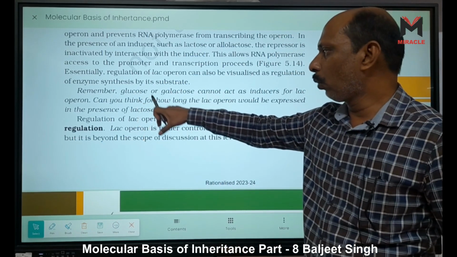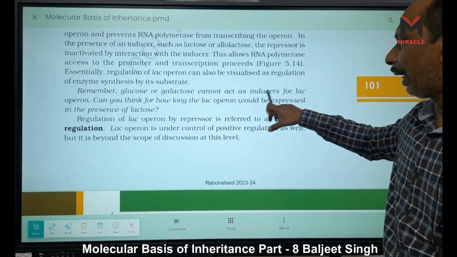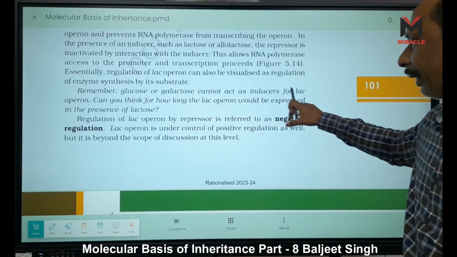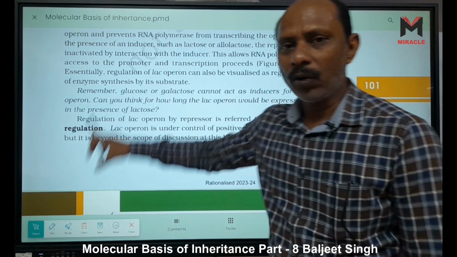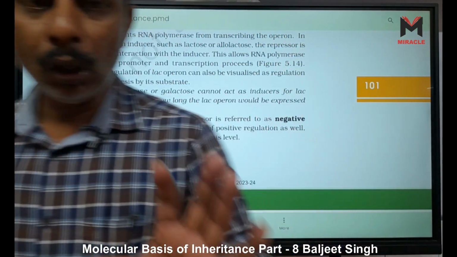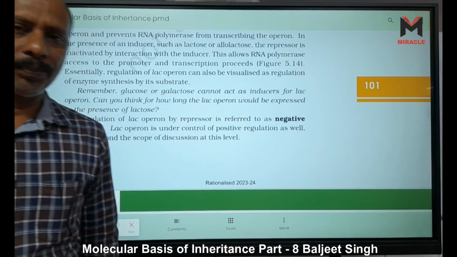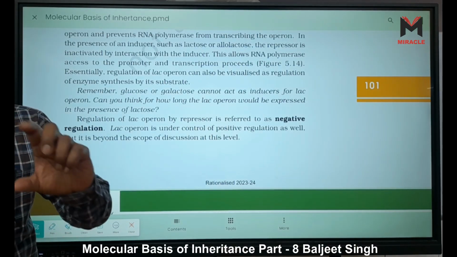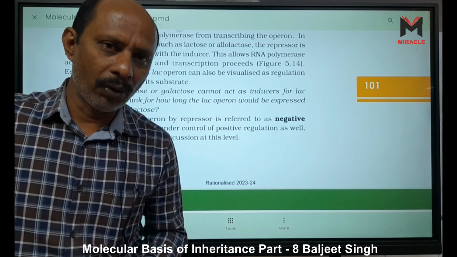Remember, glucose and galactose cannot act as inducers. That is important. Glucose and galactose cannot act as inducers for the lac operon. Only lactose or allolactose is the inducer, and the main one is allolactose.